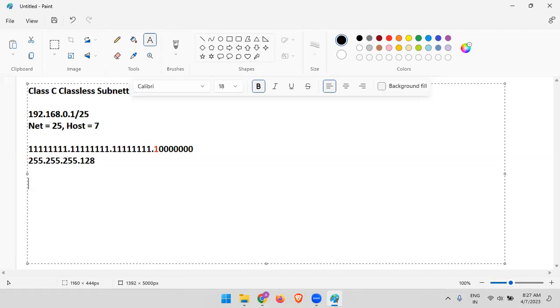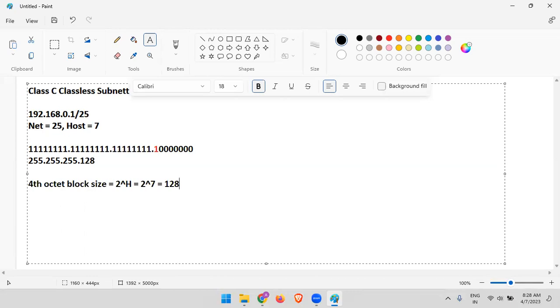So let me calculate the 4th octet block size. That will be calculated by 2 raised to power host bits. My number of host bits is now 7, so 2 raised to power 7, that means 128 addresses.